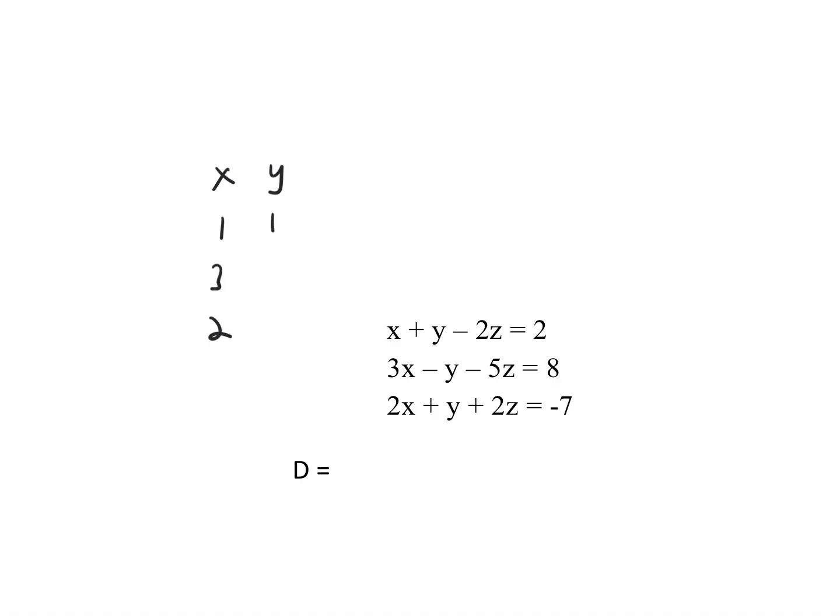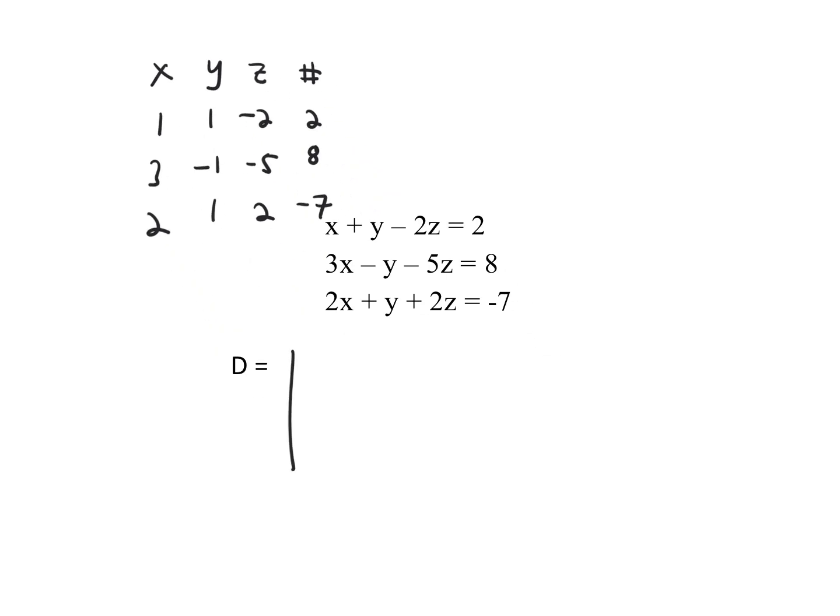Our y column is going to have a 1, a -1, and a 1. And then z is going to be -2, -5, and 2. And then what it equals is going to be a 2, an 8, and a -7. So then doing the determinant is going to be 1, 3, 2, 1, -1, 1, -2, -5, 2.